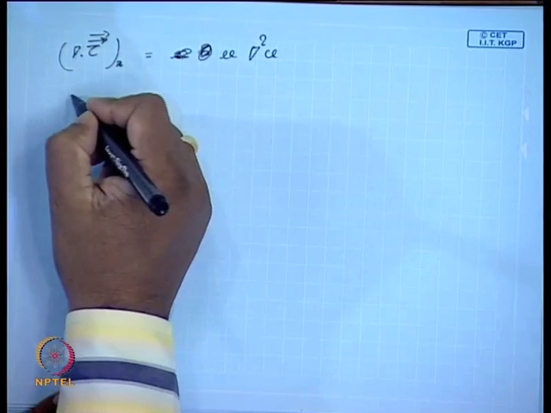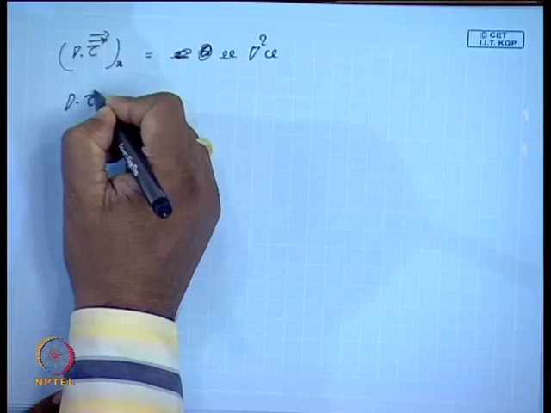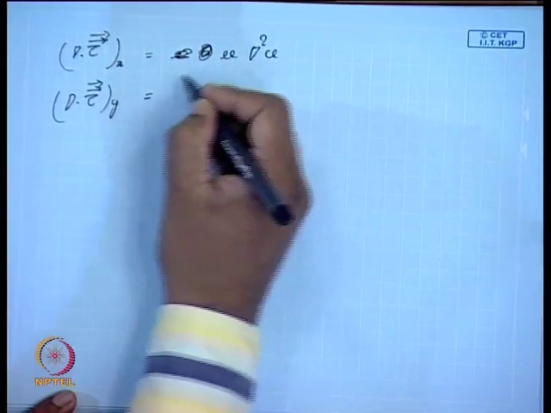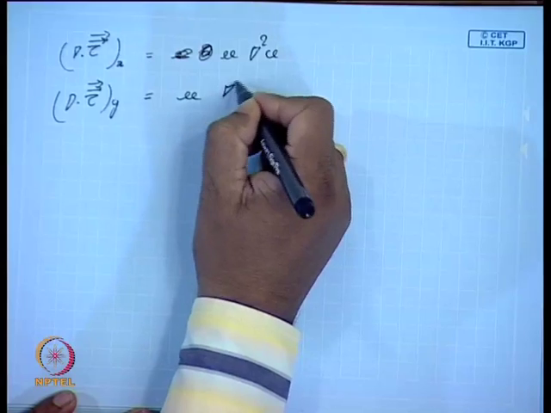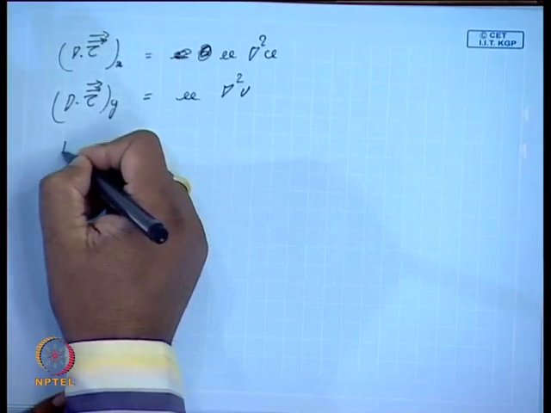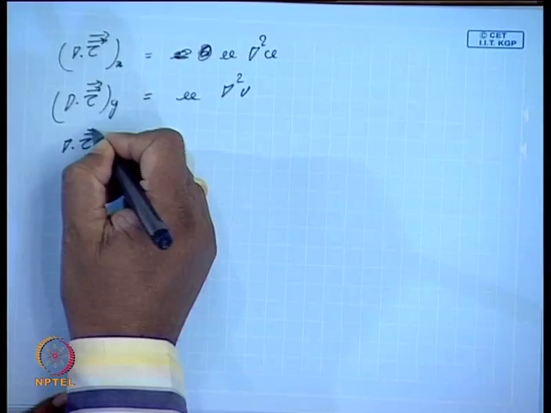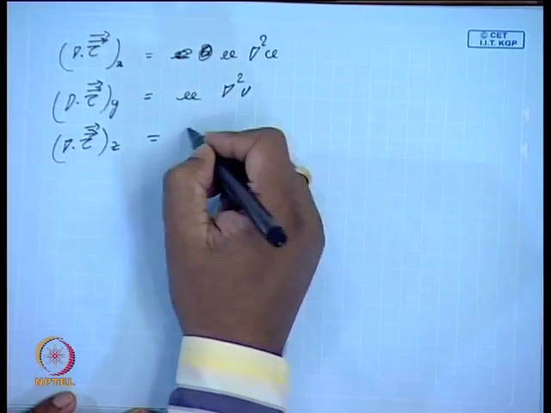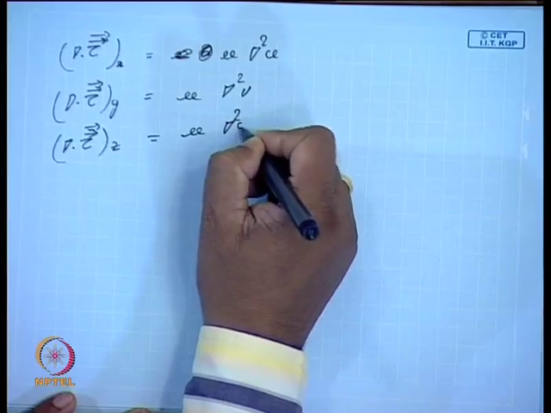In a similar manner, if I proceed, for the y component I will get mu del square v, and for the z component I will get mu del square w.